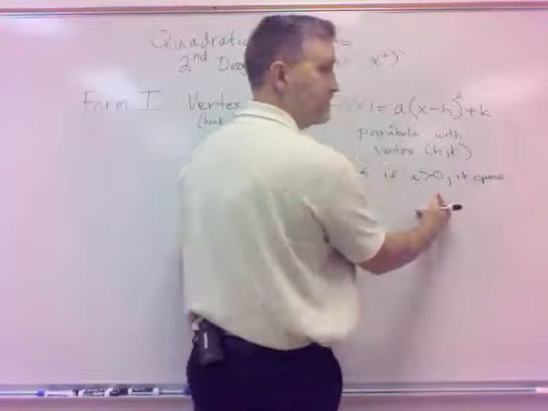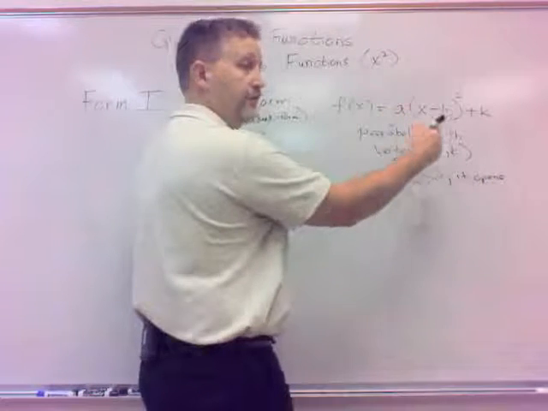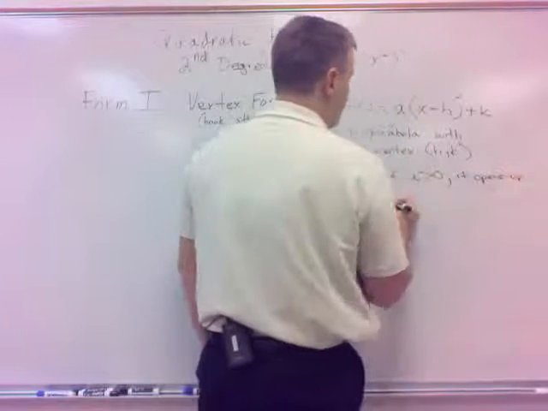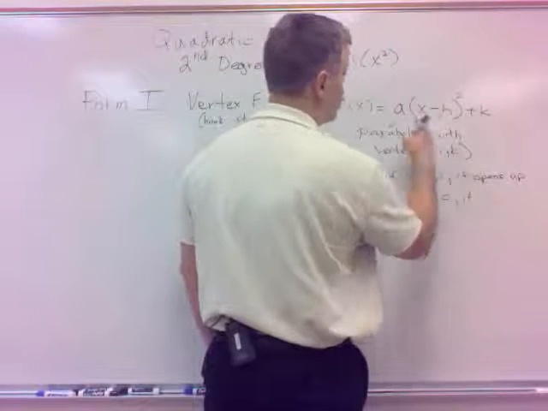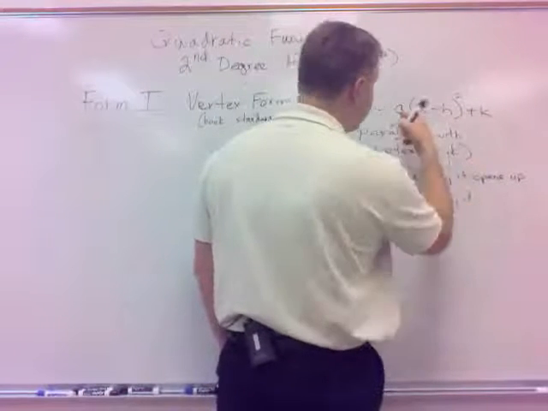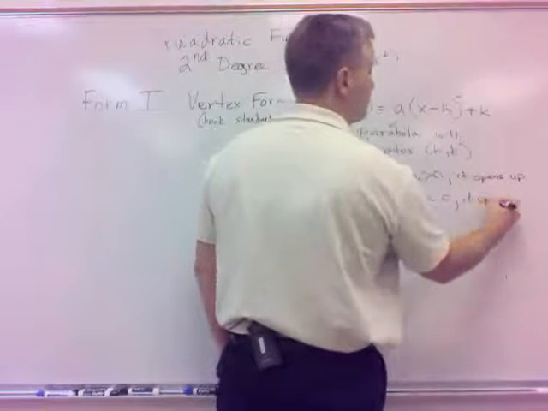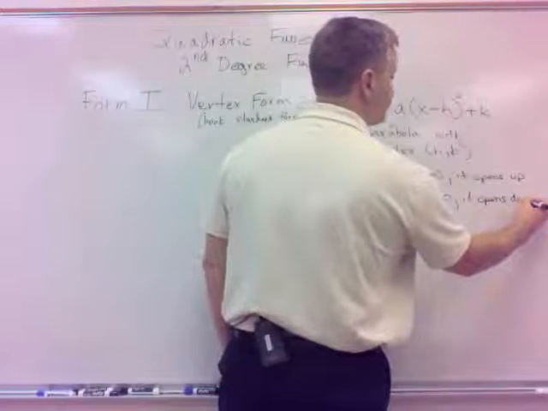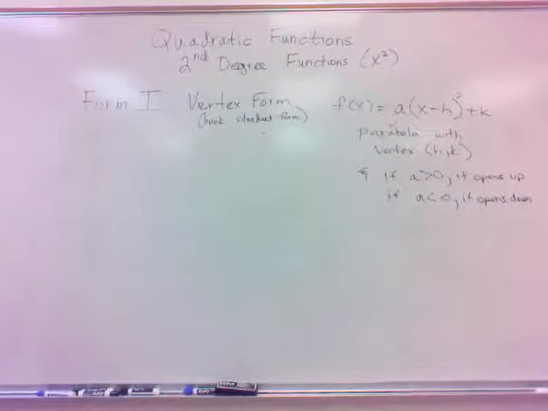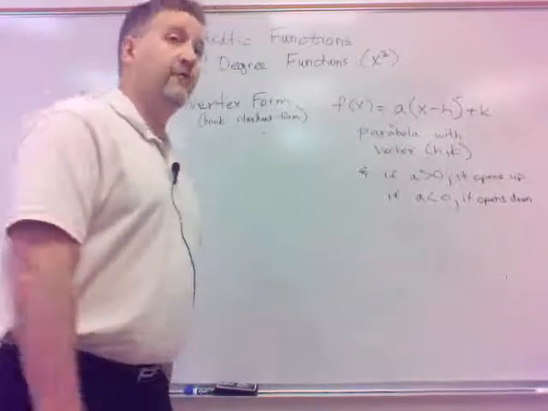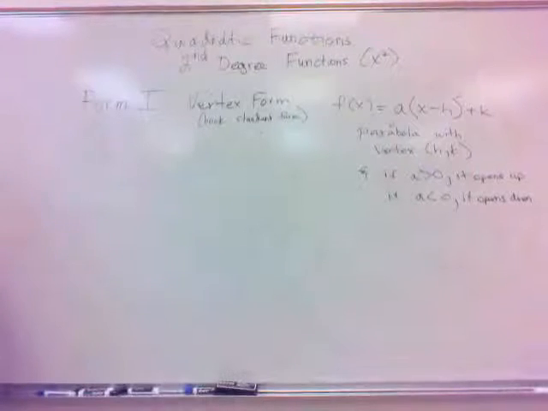If a is greater than 0, positive, like 2 or 3, it opens up. If a is less than 0, negative, like negative 2, negative 3, negative 1, whatever, it opens down. Okay? So just from sight of the equation in that form, you get that information.